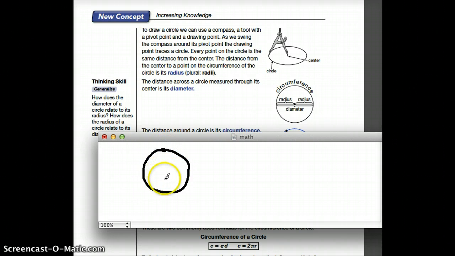One vocabulary word you need to remember is the radius. The radius is the length from the center of the circle to the outside, to the edge. Okay, and that's the radius.